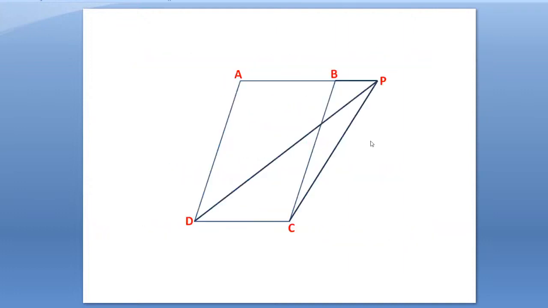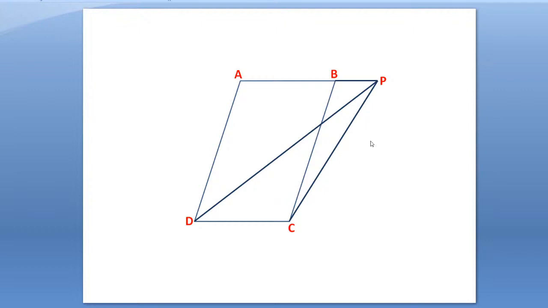Now see here, this is very interesting also. ABCD parallelogram and PCD or PDC triangle.